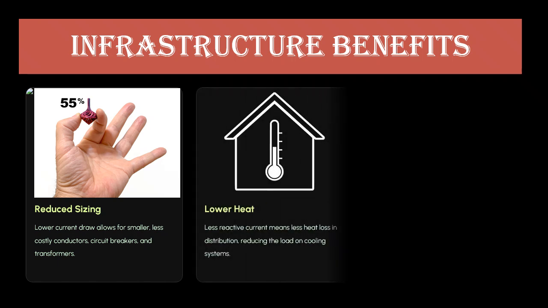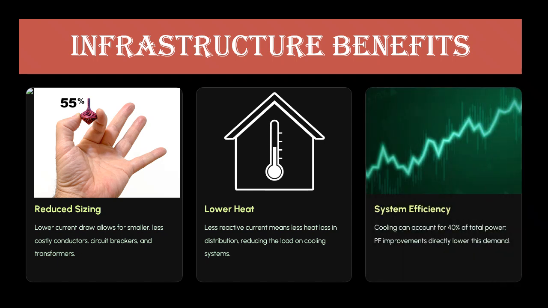Secondly, lower reactive current means less heat loss in the electrical distribution system, which directly results in lower heat generation. This, in turn, lessens the burden on our cooling systems. Considering cooling can account for 40% of the total power consumed, power factor improvements offer a significant systemic efficiency gain.